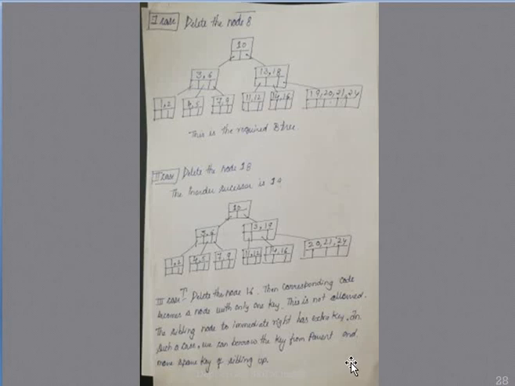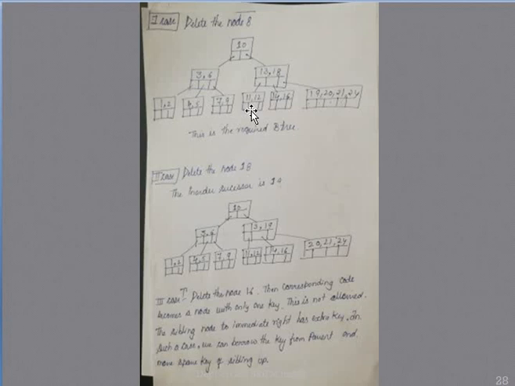The node 8 that we are deleting is a leaf node. So the node 8 is here, that is the leaf node. It is easy, we simply have to change the pointer value.